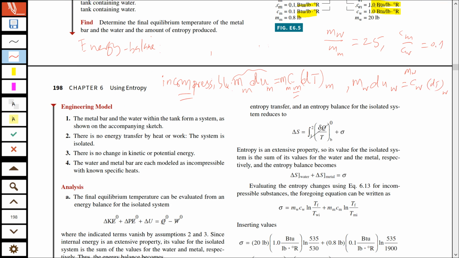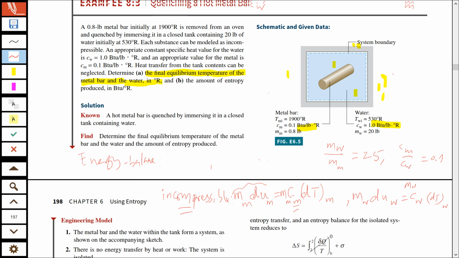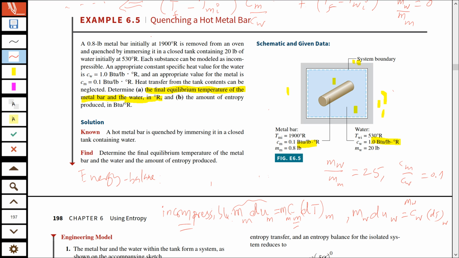Just go back and look at that table. The final value is 535 Rankine. The metal went from 1900 Rankine to 535 Rankine, and water went from 530 to 535 Rankine.